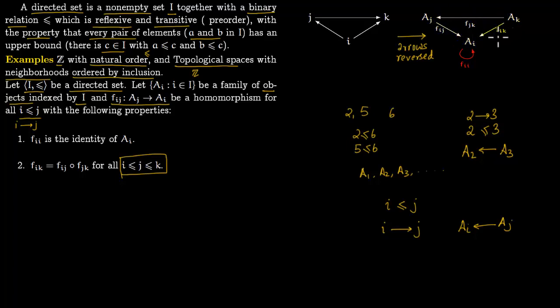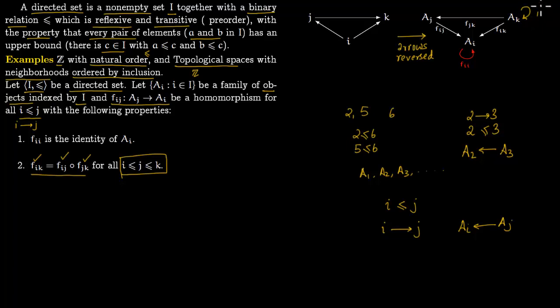You should have this commutativity. That is the condition here. This is nothing but this triangle. First apply JK and then apply IJ; that is the same as Fik from here to here. That is it. And obviously you should have an identity map FII for every AI. So this is the identity map.